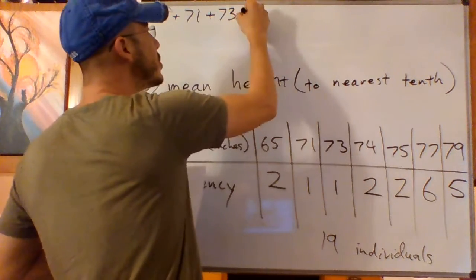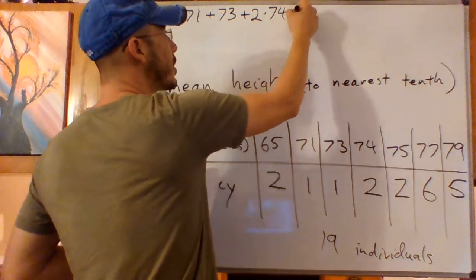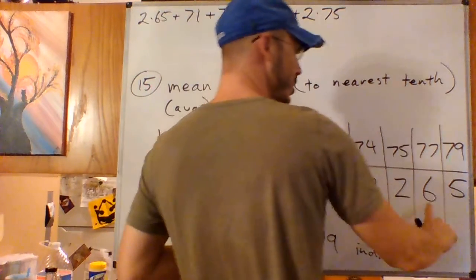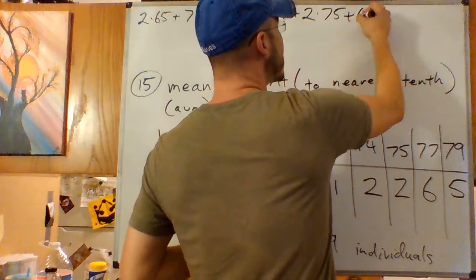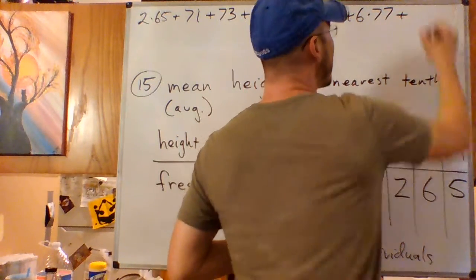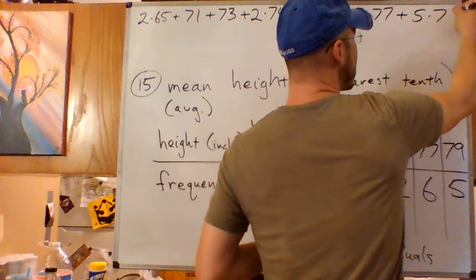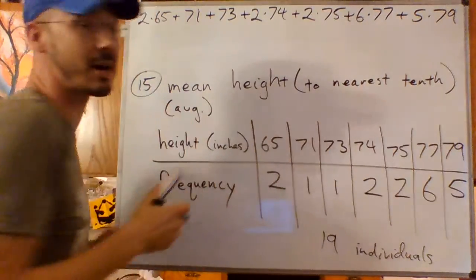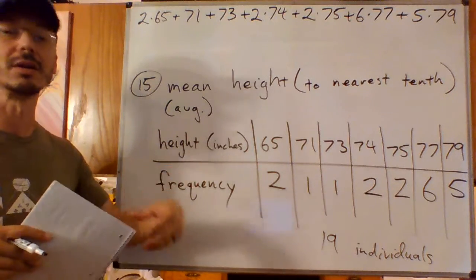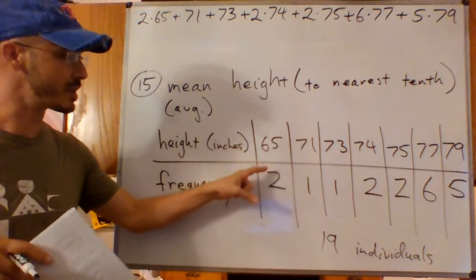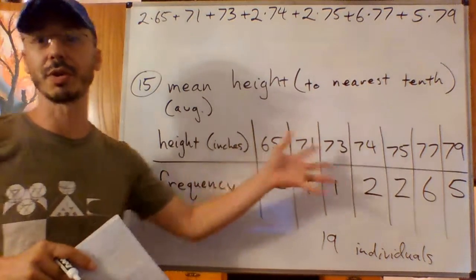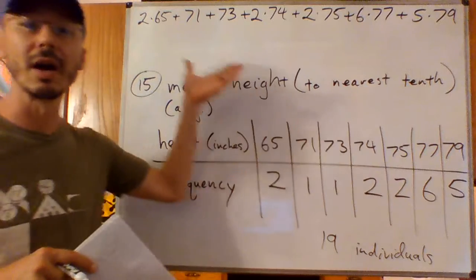Plus 2 times 74 plus 2 times 75 plus 6 times 77 plus 5 times 79. Like I said, this takes as long to write out as it does to type into the calculator. So if you know what you're doing, you can just go ahead and put your numbers, this times this plus this times this plus this, and so on, and work your way through the table.